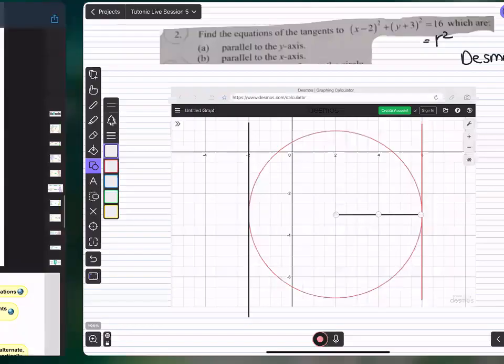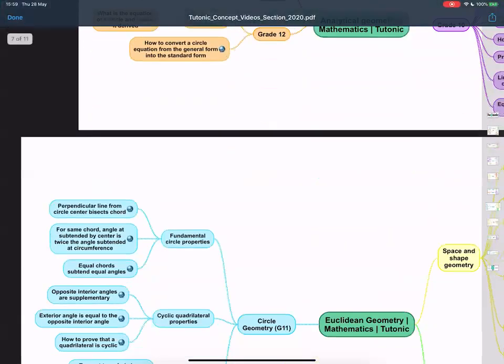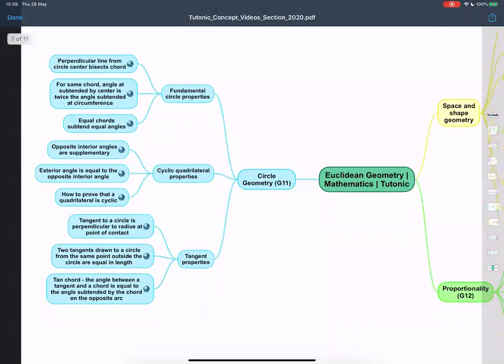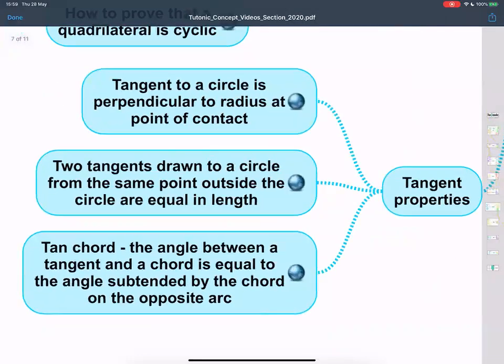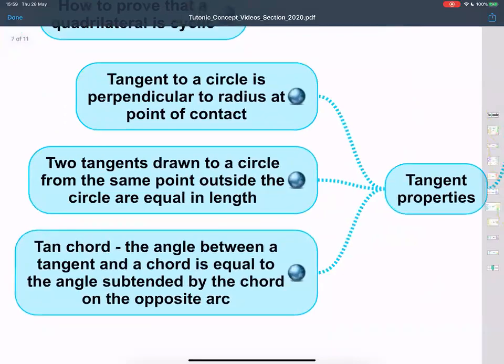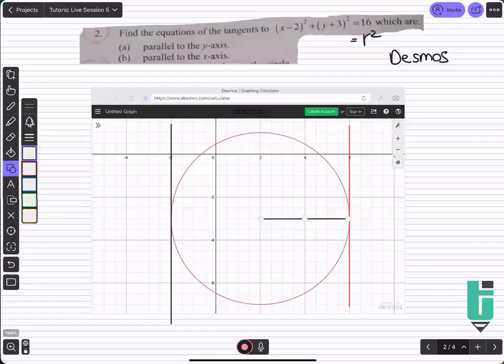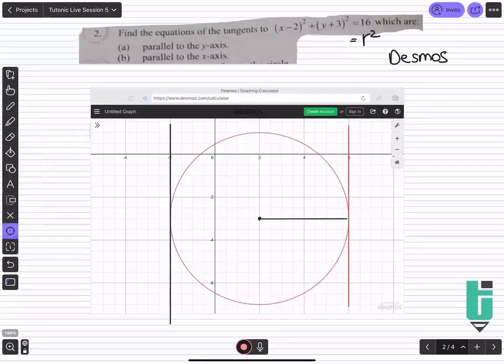Okay, so remember guys, I said that there are 3 tangent properties. I want you guys to memorize these 3, okay? So the radius is perpendicular to the tangent. But if the tangent is a vertical line, what does that mean about the radius?